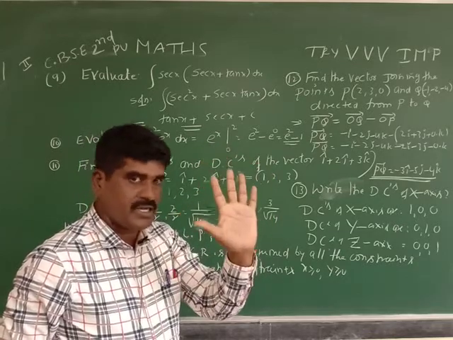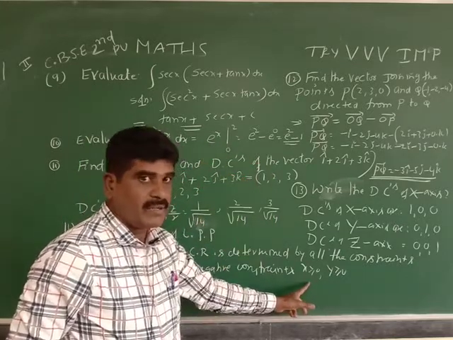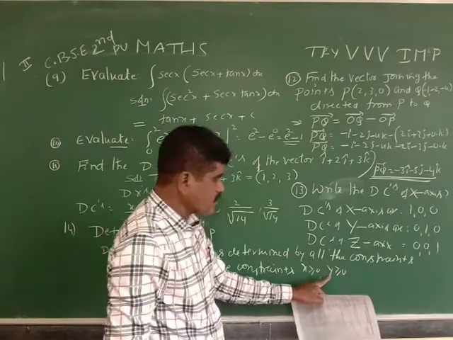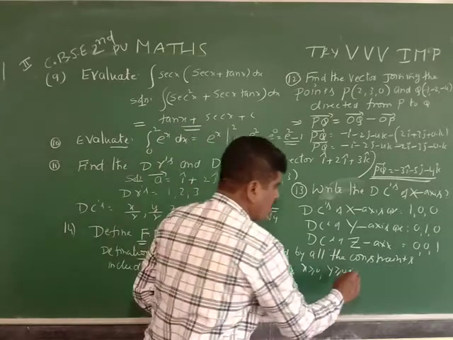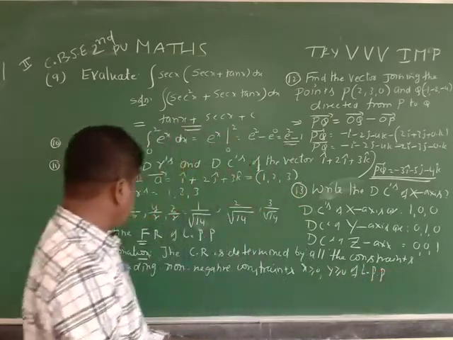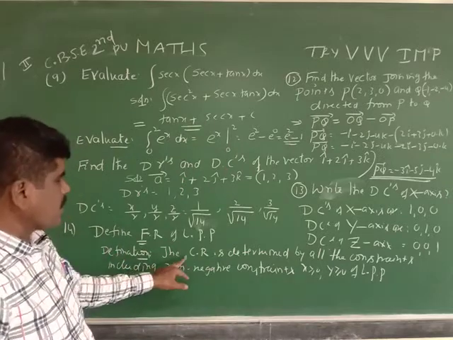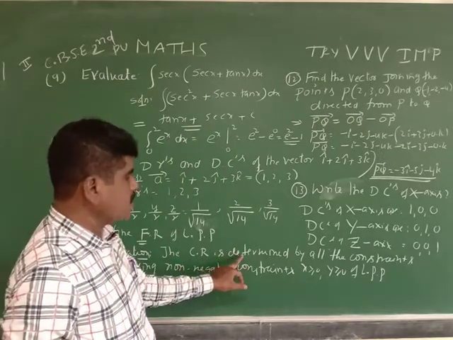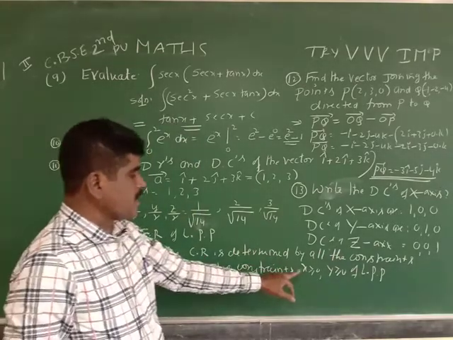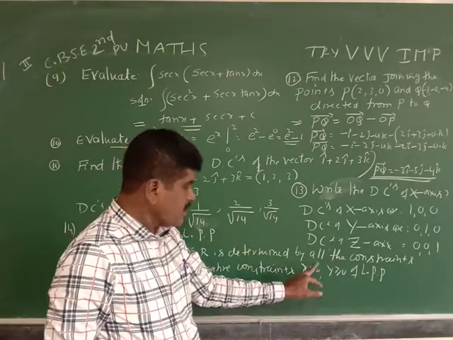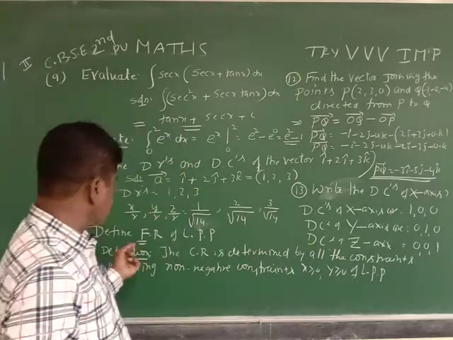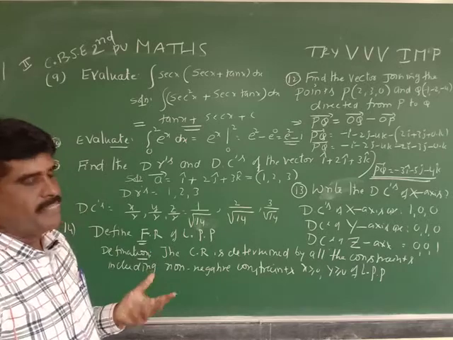Definition: the common region determined by all the constraints including non-negative constraints x greater than or equal to 0, y greater than or equal to 0 of LPP is called the feasible region.